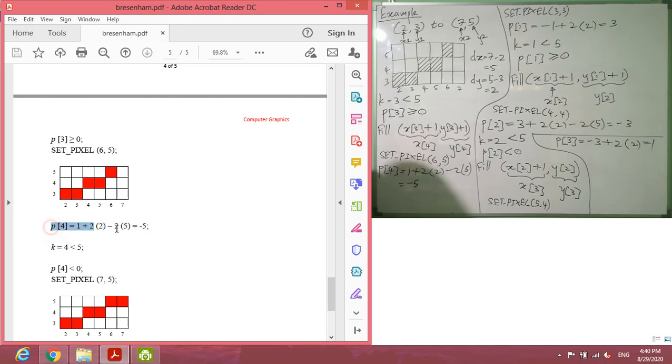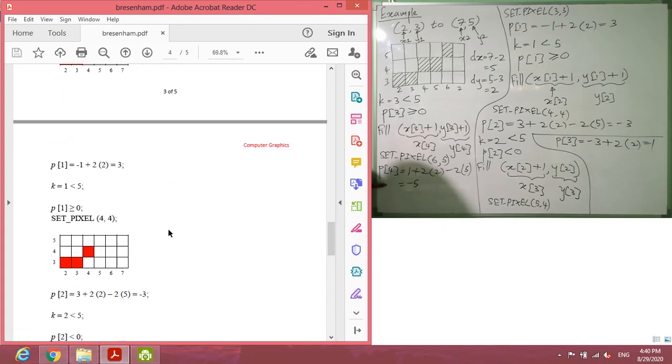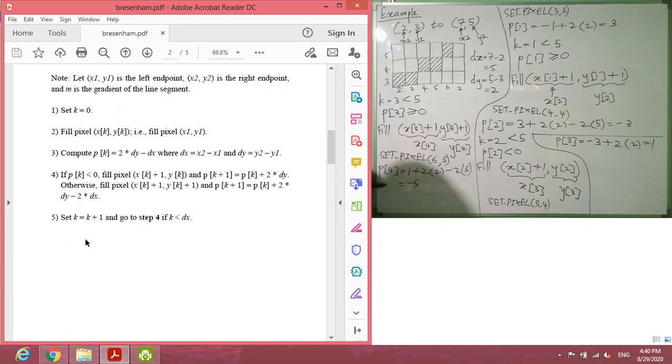Okay, p4 value, it is minus 5. Now our step 4 is over. We move to step 5. There k will become 4 and it is less than 5. Therefore, we move to step 4.